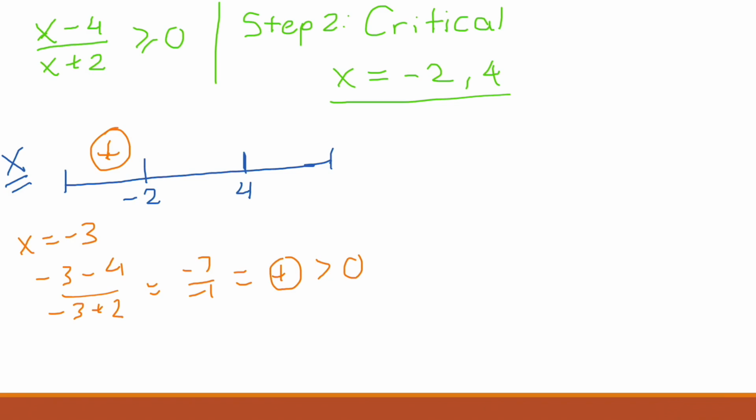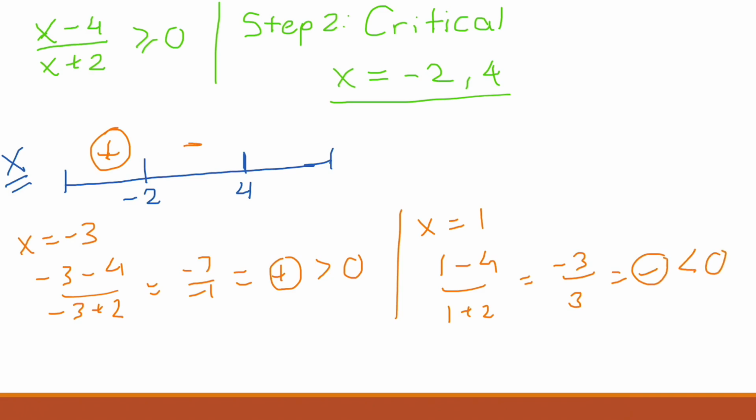Now we'll test for between -2 and 4 and use the most convenient values. Over here, I'll use x equal to 1. When I have x as 1, I have 1 minus 4 upon 1 plus 2, which is -3 by 3, which is negative, which is less than 0.